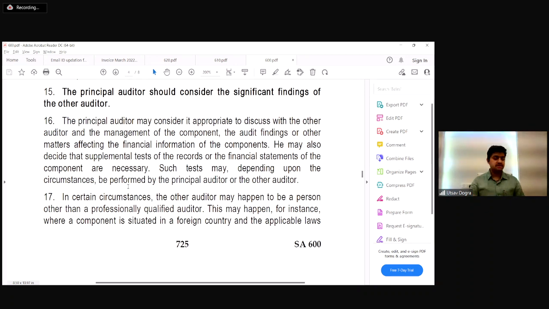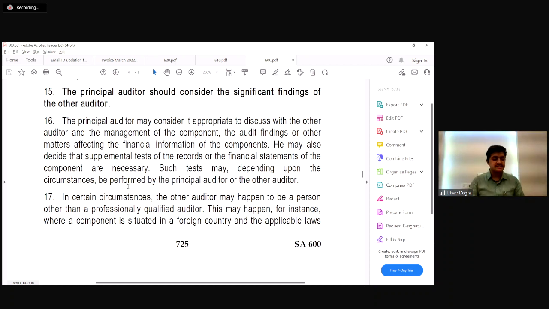In the other matter para, he must write down separately that the particular division or subsidiary whose financials have been consolidated with the principal entity has not been audited by us. He must write it there itself.